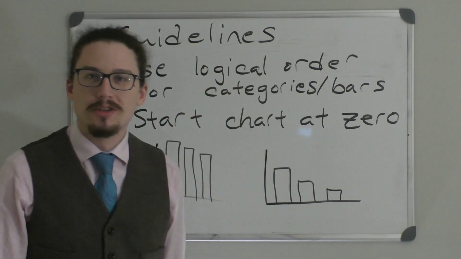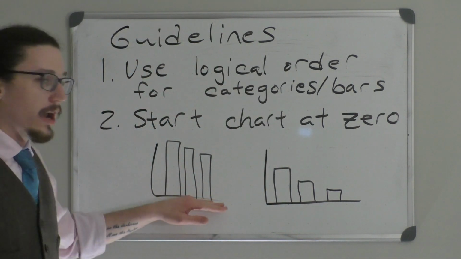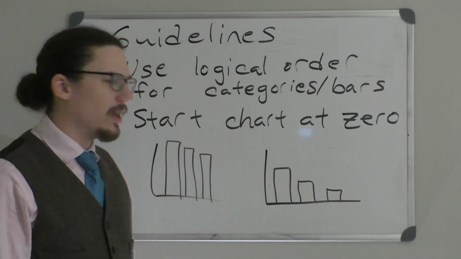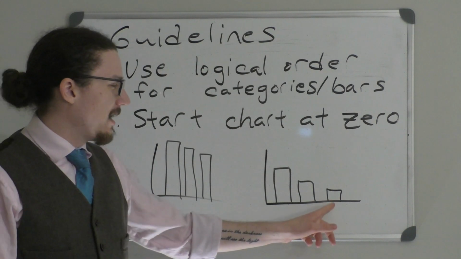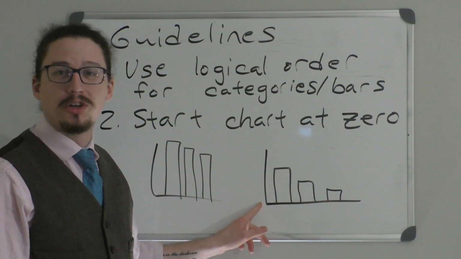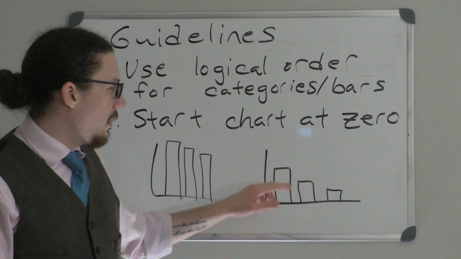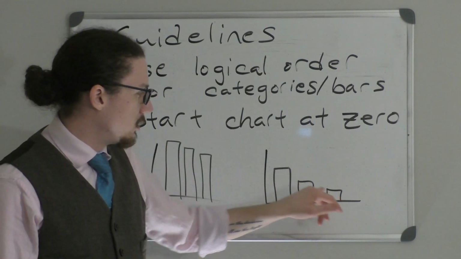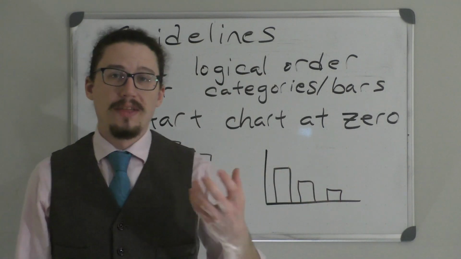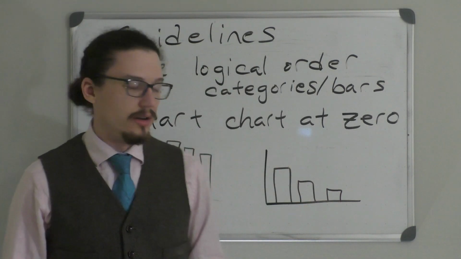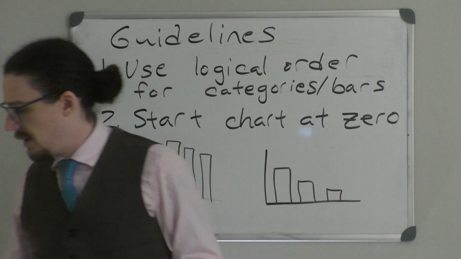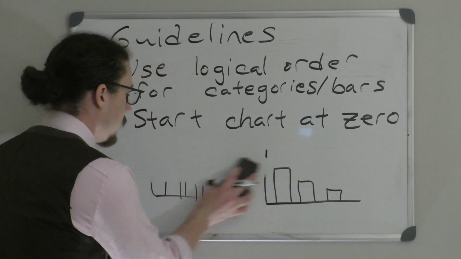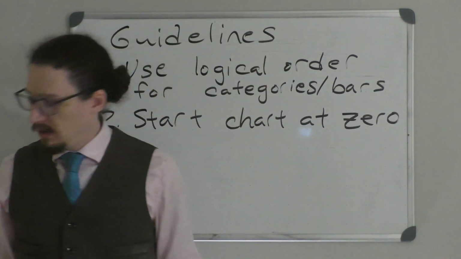If this was, say, started at 100 instead of 0, then these differences are over-exaggerated. The magnitude of the difference between these two categories is over-exaggerated. They might be a lot closer than they appear if you don't start the bar chart at 0.